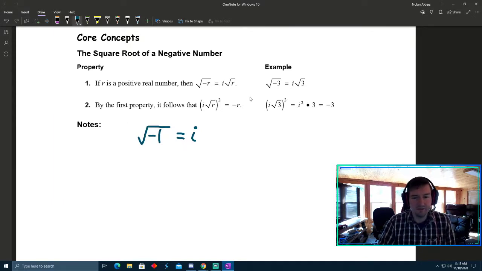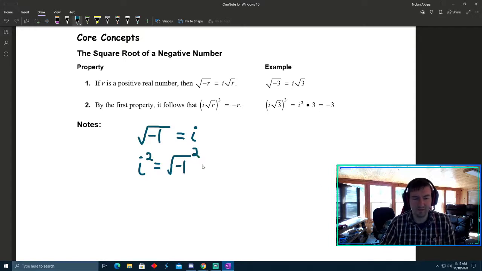Now you can read over these properties, property 1 and property 2, and try to think through them, try to understand what they're saying here. But imagine we take i and we square it. So i squared. Really what we're doing here is we're taking the square root of -1 and we're squaring it.